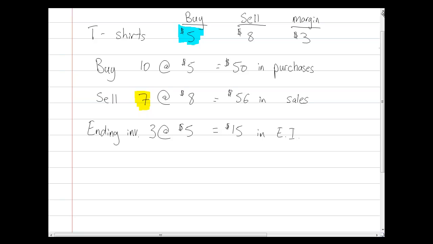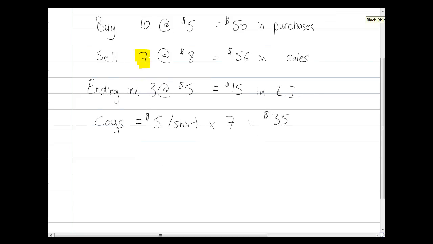Well, we know we bought each t-shirt at $5, so basically what our cost of goods sold would be, and I'm just going to abbreviate it by COGS, which is very common, it's going to be $5 per shirt times the number of shirts which I sold, which was 7. And so therefore my cost of goods sold is going to be $35.